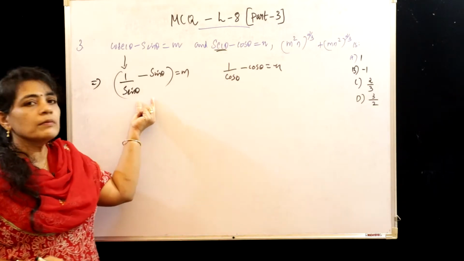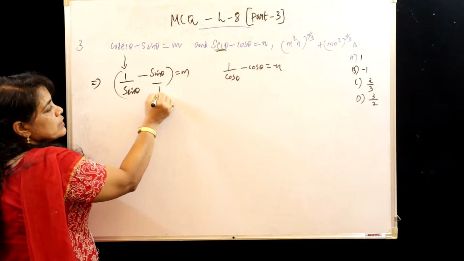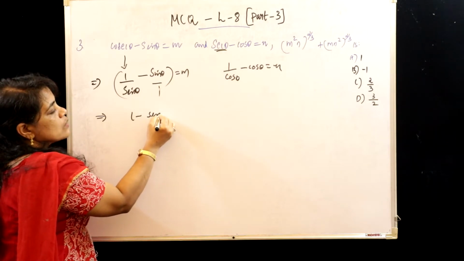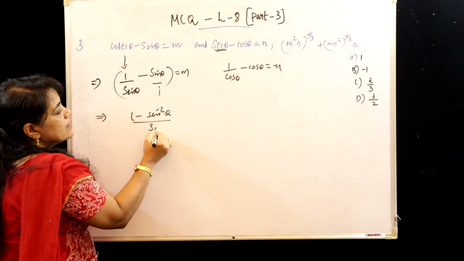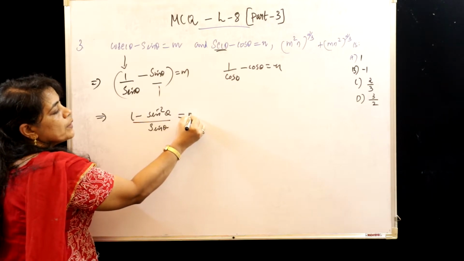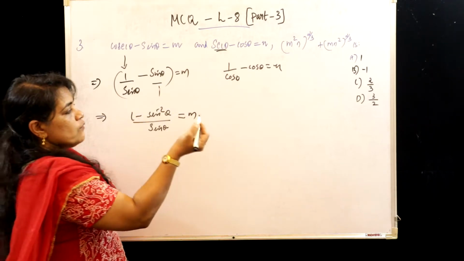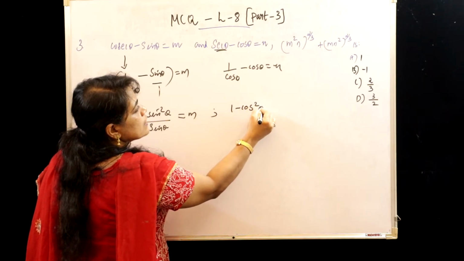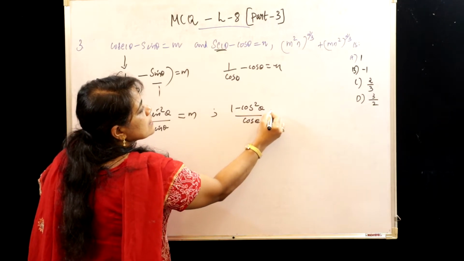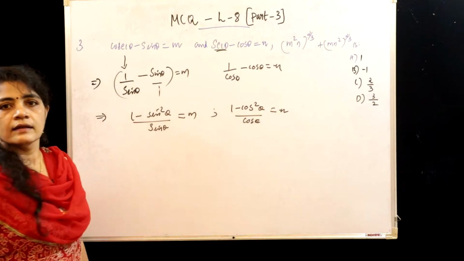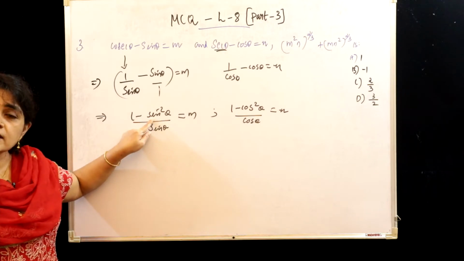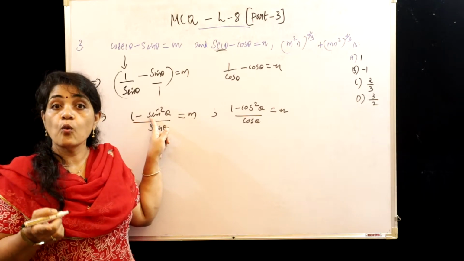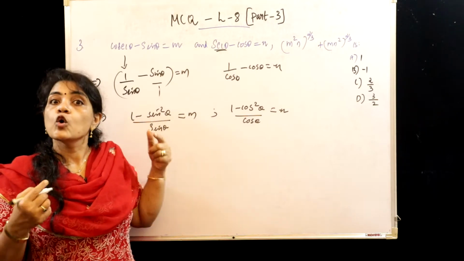So we are going to simplify this by cross multiplication. So you will get 1 minus sine square theta by sine theta. This is equal to m. In the same way we simplify and we will get 1 minus cos square theta divided by cos theta equal to n. And because of the first identity, sin square theta plus cos square theta equal to 1, 1 minus sin square theta is cos square theta.